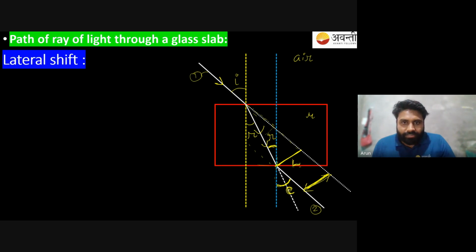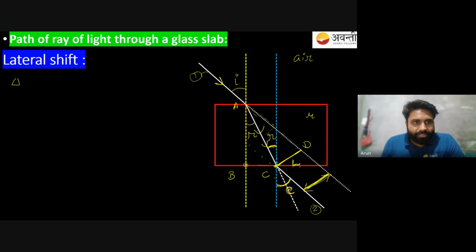This point is A, this point is B, this point is C, and this point we have considered as D. So in triangle ABC, if I apply sine R, what is the value of sine R?